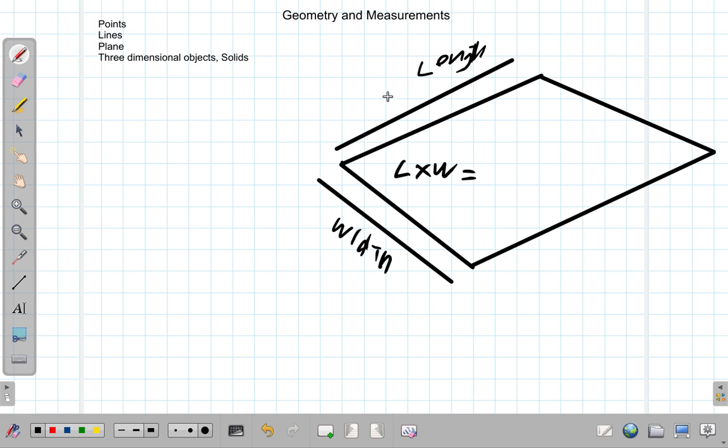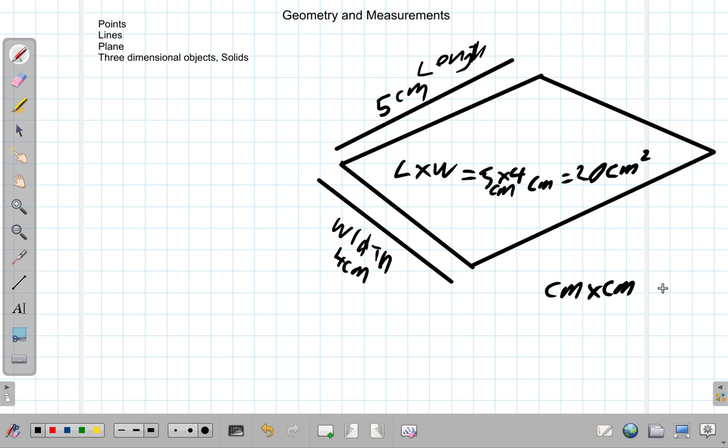If the length is, say, 5 centimeters and the width is 4 centimeters, then I have 5 times 4 centimeters. 5 centimeters times 4 centimeters give me 20 centimeters squared. The square is there because I'm measuring centimeter times centimeter, so I have centimeters squared. All right, so that's my plane.